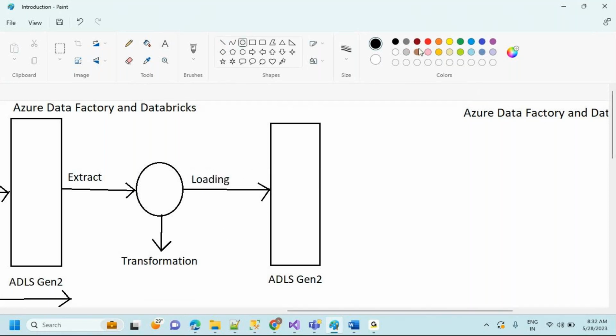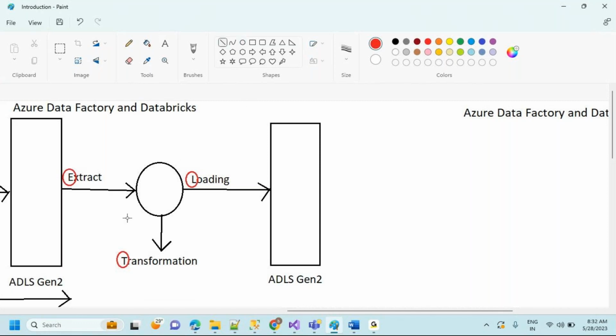So if you combine all three together, the initial character of each: extraction, transformation, loading.